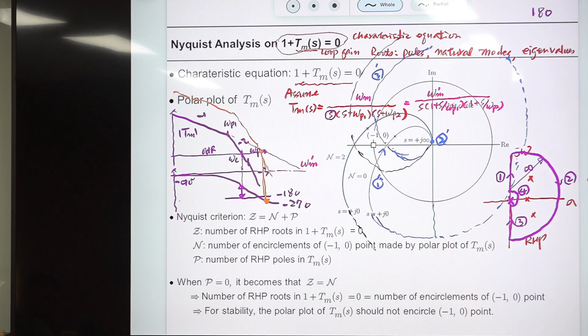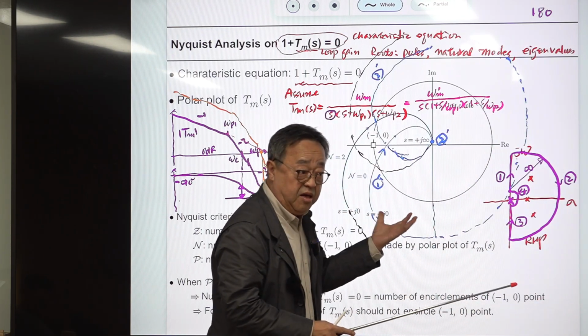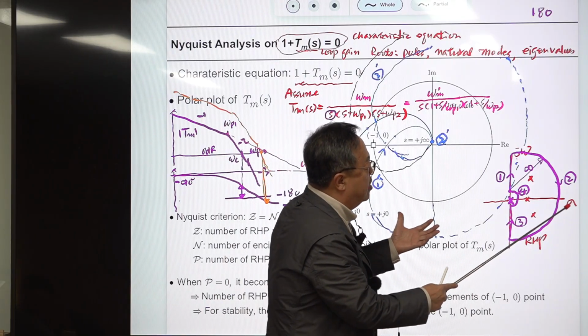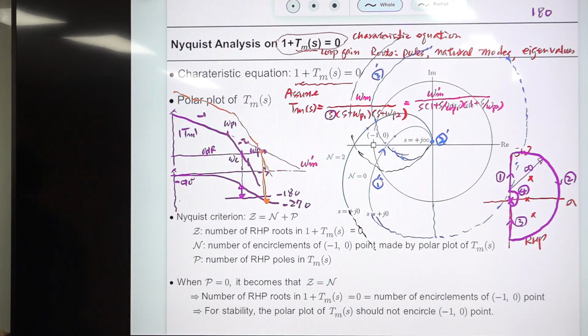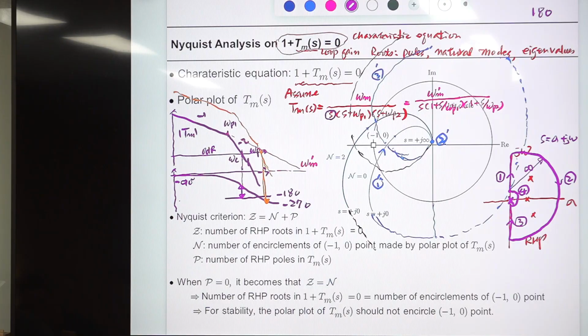Okay. So to test this, we perform the mapping. This is the S variable. So here s is sigma plus j omega, and there is another plane for this. The axes are different. This is u and this is jv.